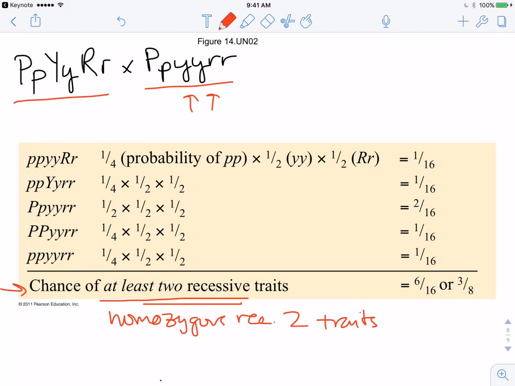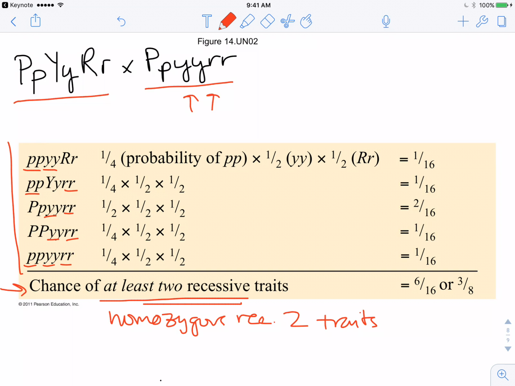So then basically you write down all the possibilities. You can get all these possibilities. This one is homozygous recessive for those 2 traits. There's the 2 homozygous recessive there, 2 homozygous recessive there, 2 homozygous recessive there, and this one has 3 homozygous recessive, but still it has 2 homozygous recessive.